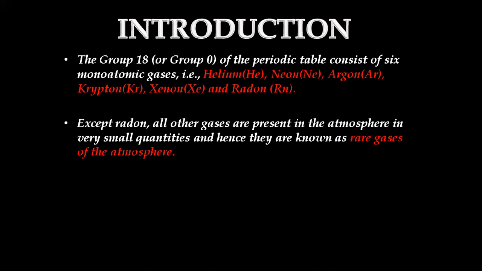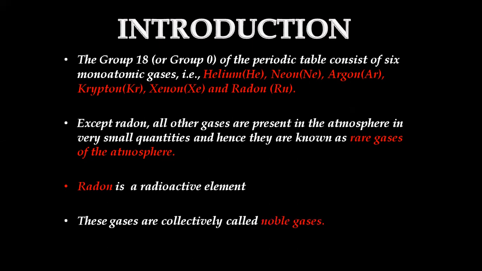Radon is not present in our atmosphere. All are present in very small quantities, but naturally present, and hence they are also known as rare gases of the atmosphere. And remember that radon is a radioactive element in this group.